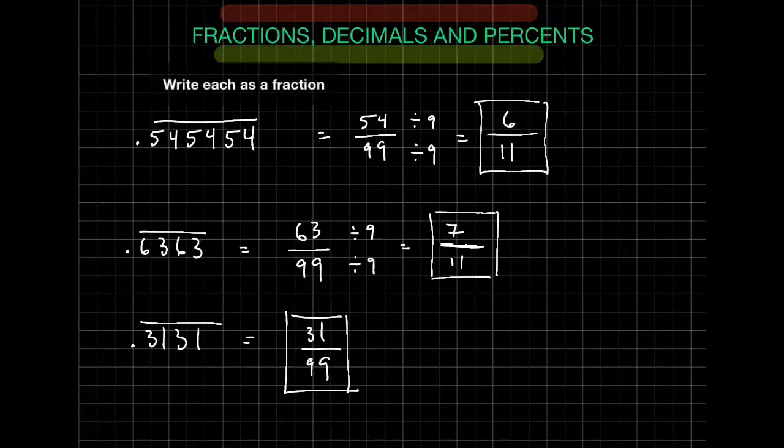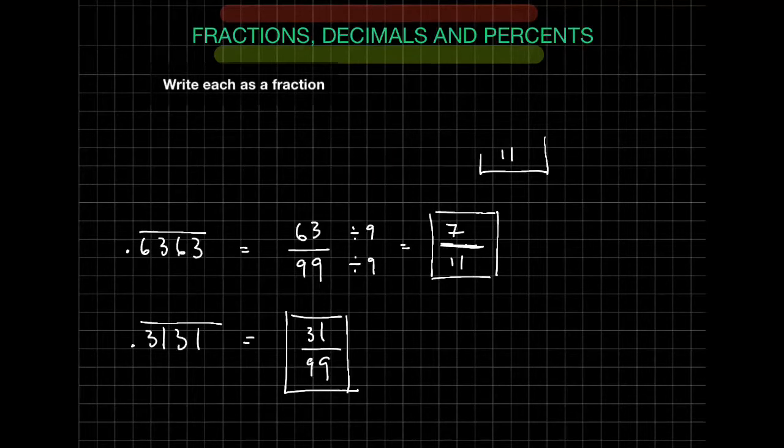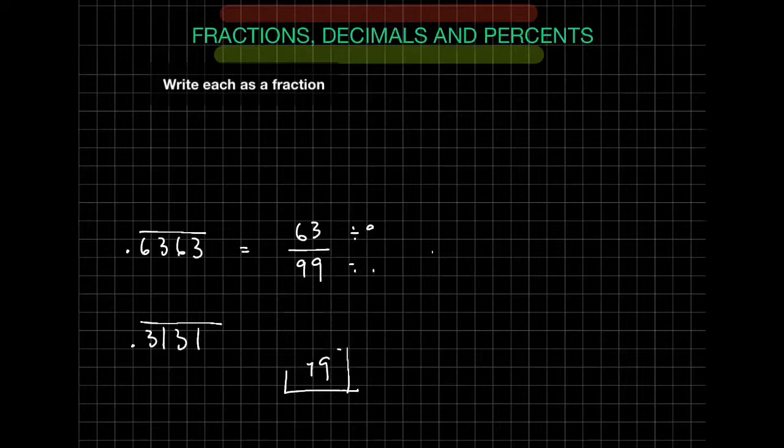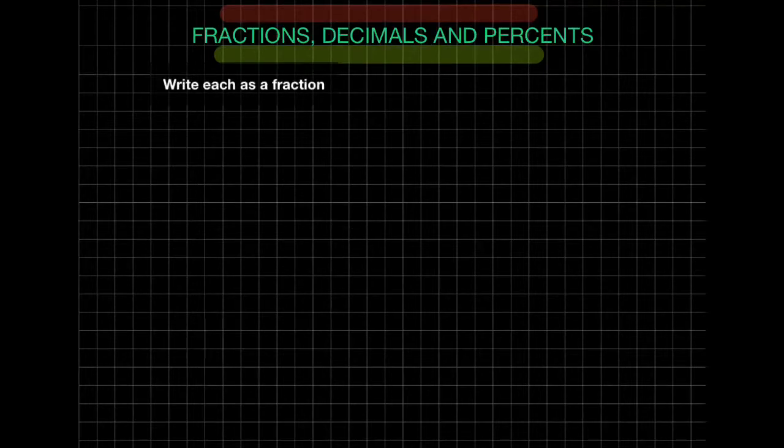So this is basically how we're going to do our repeating decimals. We're just going to find out how many digits there are. If it's repeating every 2 digits, then we're going to divide by 99. And of course, as you already guessed, if it's 3 digits repeating or 4 digits repeating, then we're just going to use that many 9s.